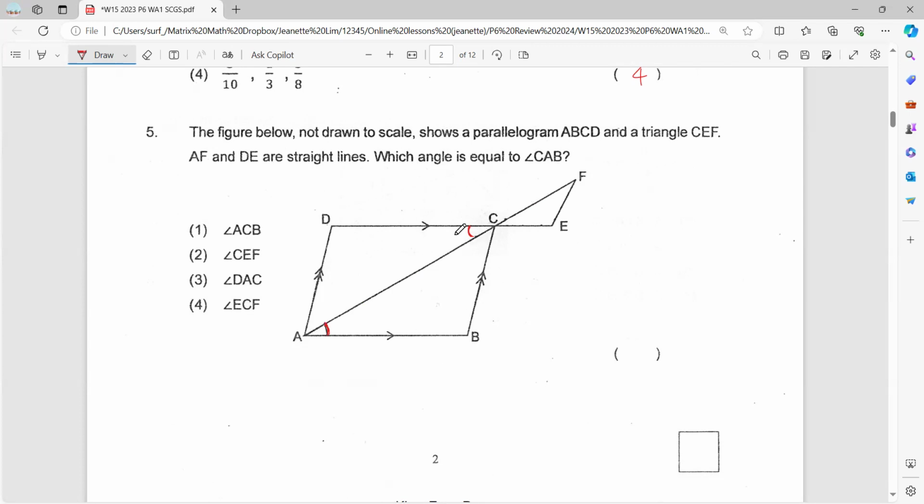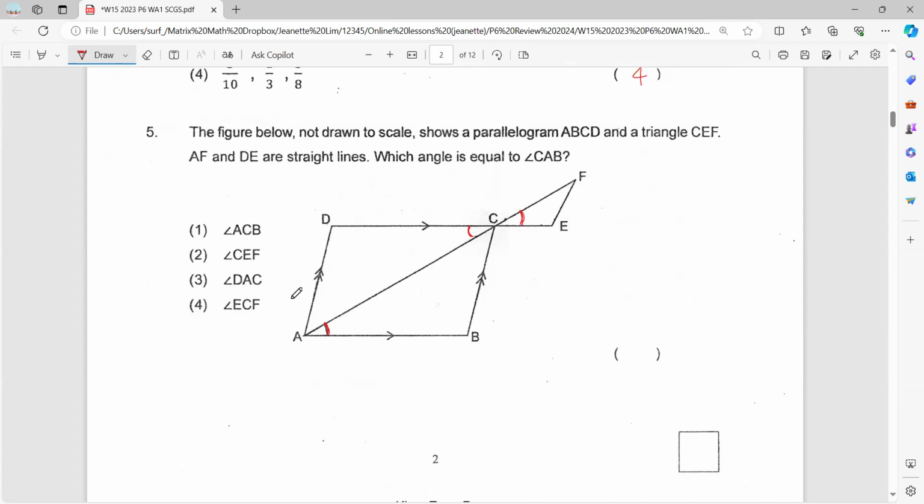Then you have a cross here, vertically opposite, which means that if you have straight lines, the one opposite will be equal. Okay, so this is equal. Anything else? Only these 3 angles are the same. So applying the angle properties, now look for these angles in the answer.